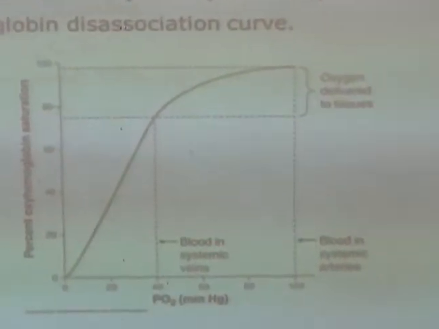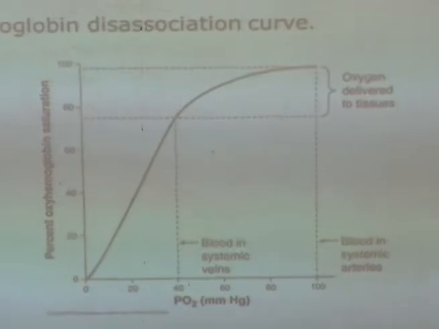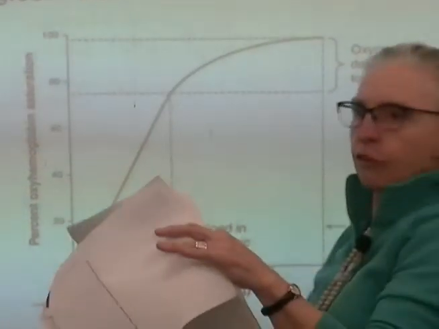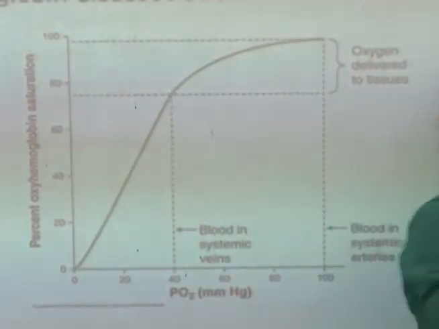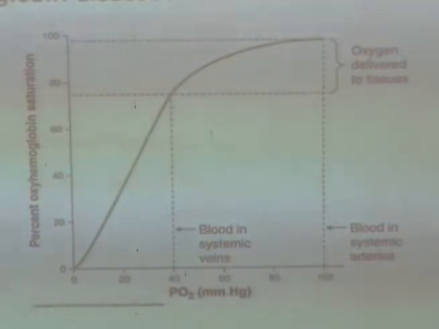It's like on the bus, trundling around, how does it know where the bus stop is to kick it off? And this horribly named curve is an attempt to visualize the ability to bind oxygen and release it at the right place.